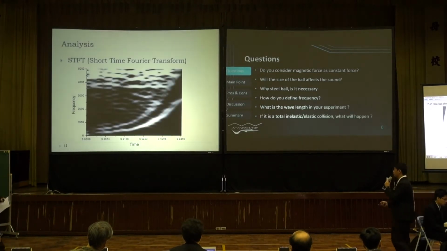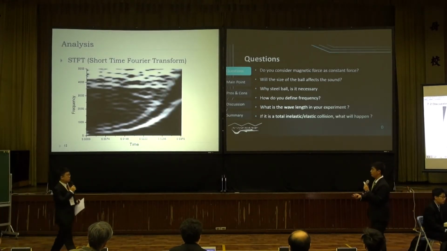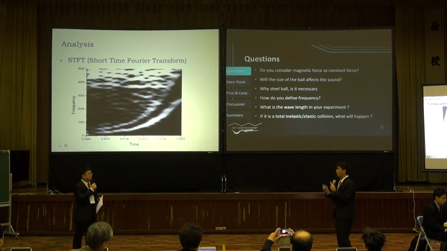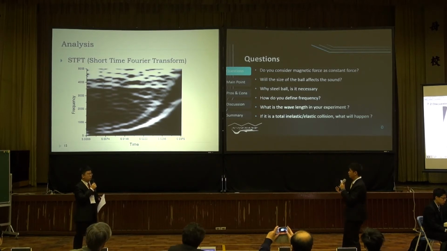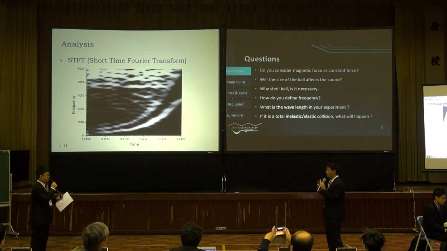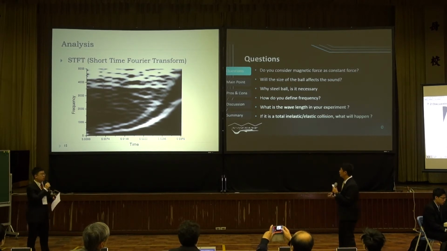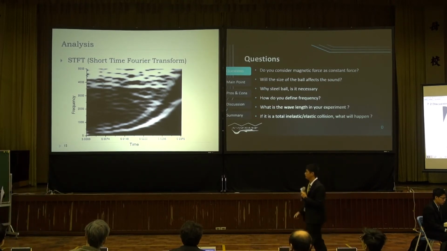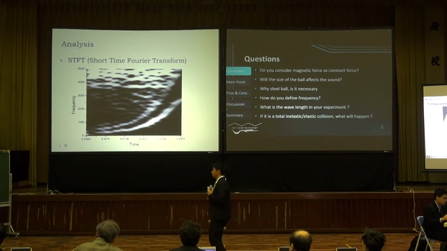So first, in your experiment, you discuss the equivalent frequency of the time gap, and you use one line to fit your experiment. But do you notice in your graph there are actually two increasing frequencies, and what does it actually mean? Okay, so first we have to go back to what exactly the short-time Fourier transform is doing.